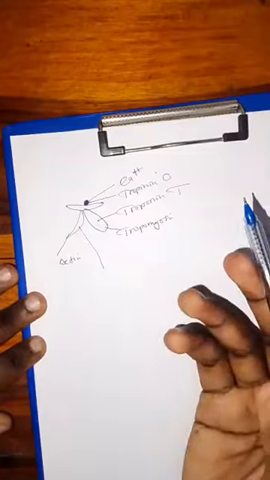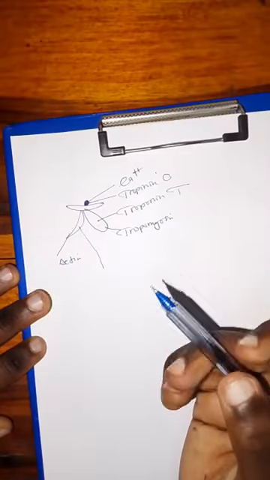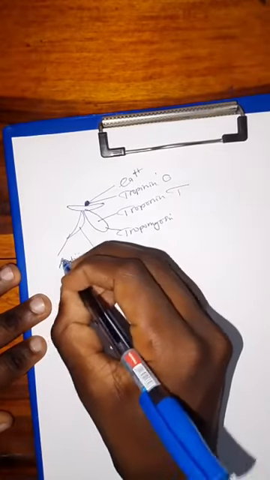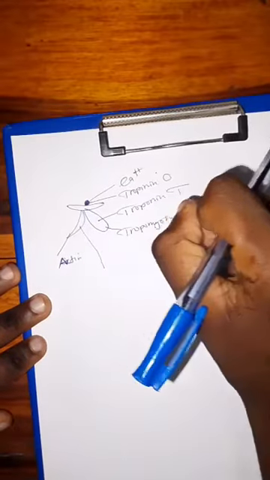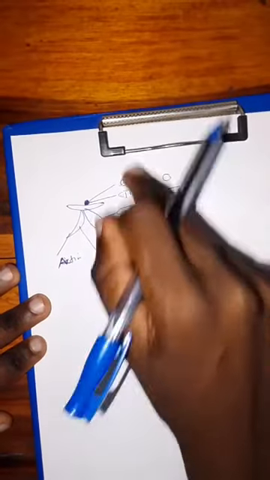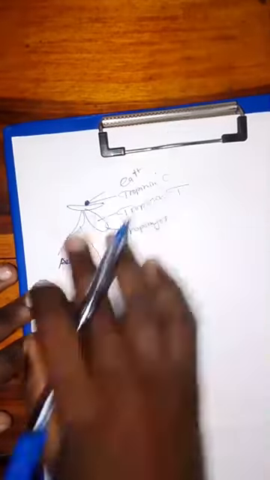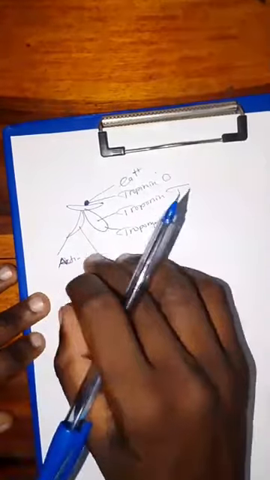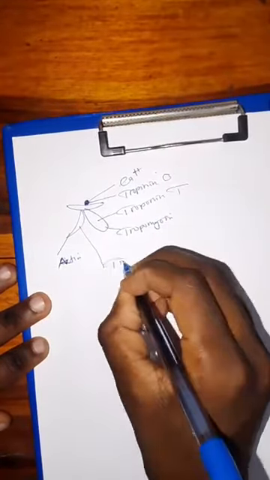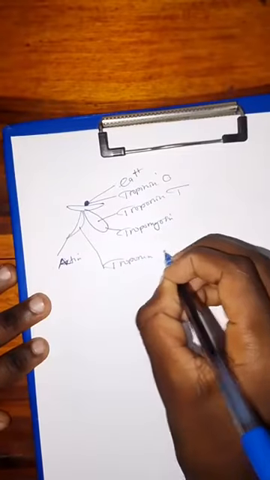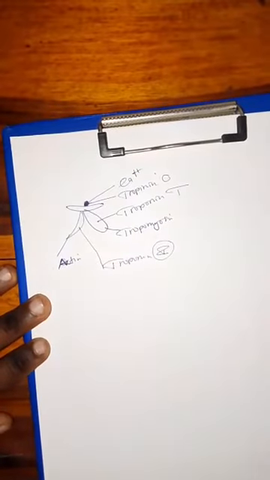Is it troponin A? No. Don't take the first letters, since this was troponin T, and calcium starts with A, it's not like that. So this will be troponin I for the actin side. The I means inhibitory.